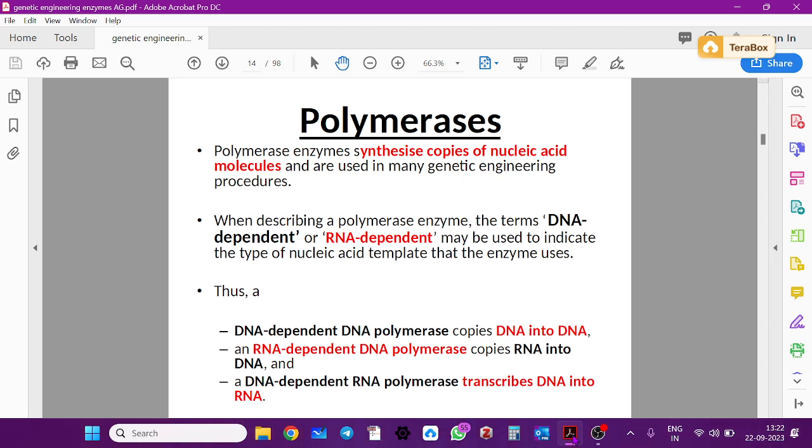Then there may be two types. One is known as DNA dependent polymerase. The second is the RNA dependent polymerase.